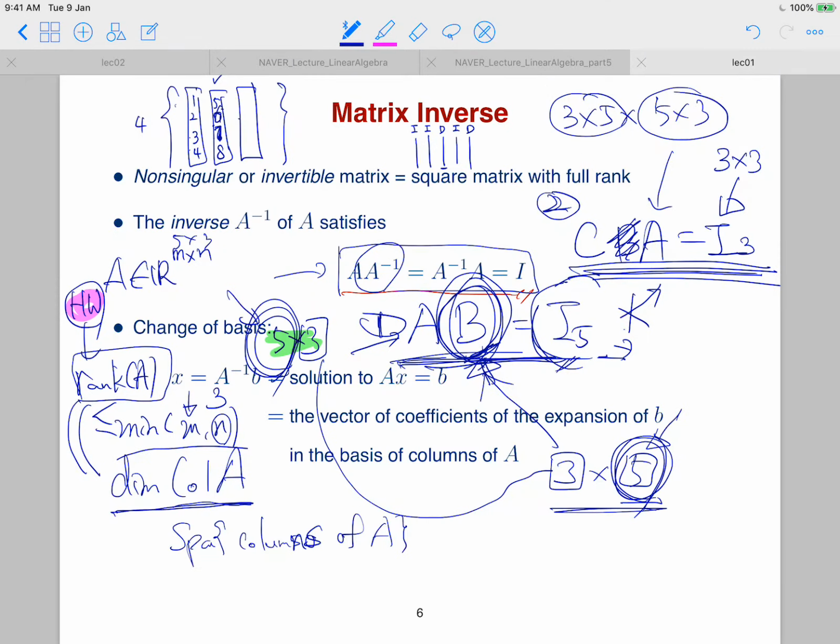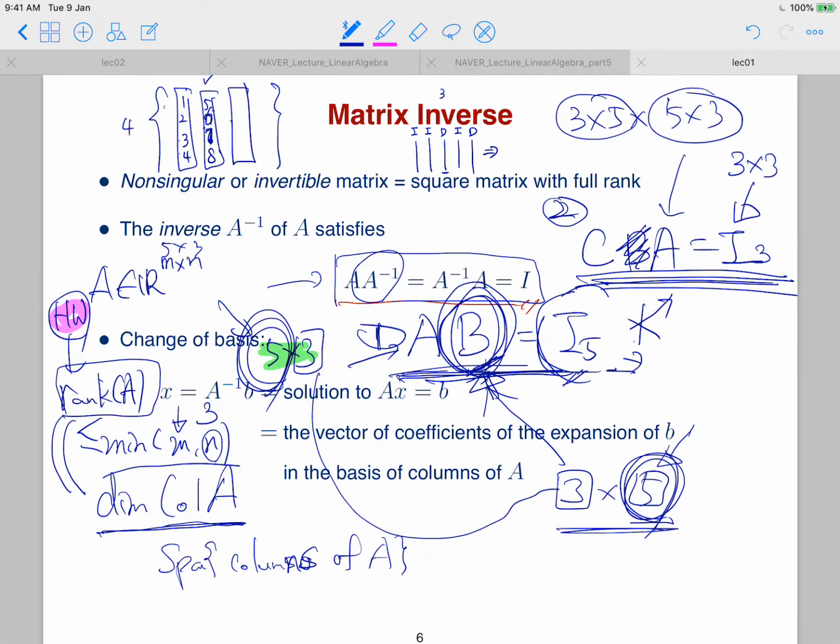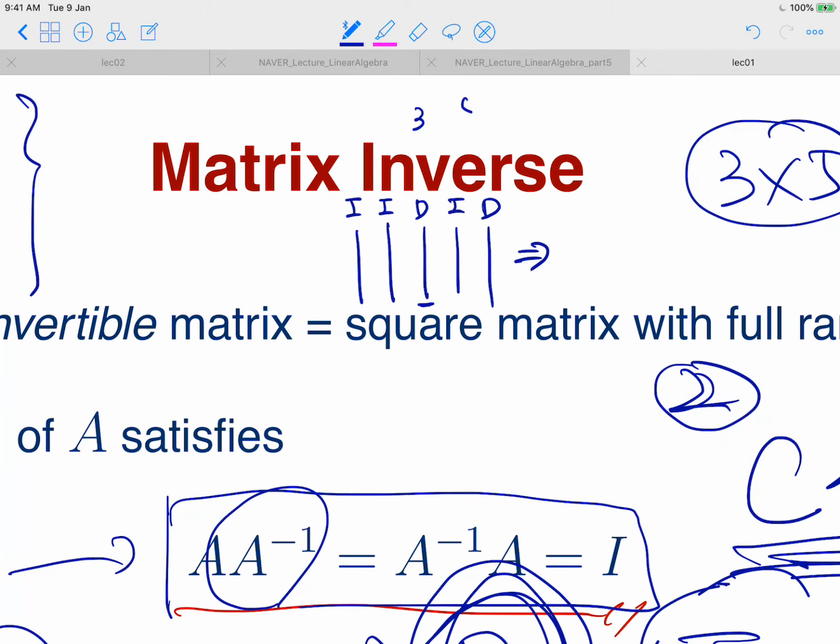Okay, so I'm doing the proof about it at an intuitive level. In the case of this 5 by 3 matrix, the minimum value between them will be 3, right?